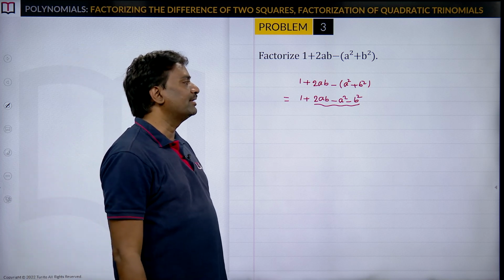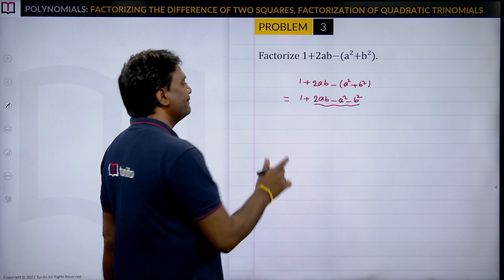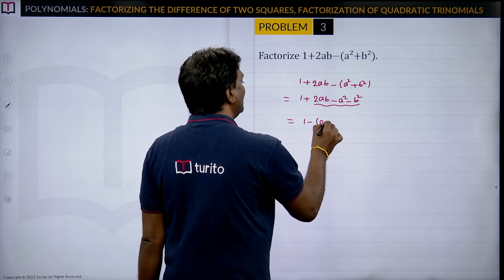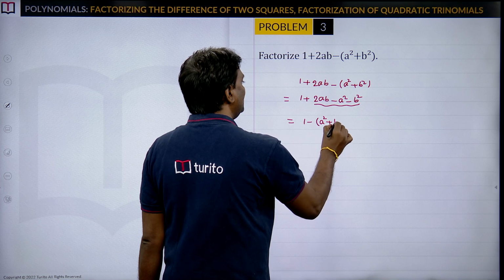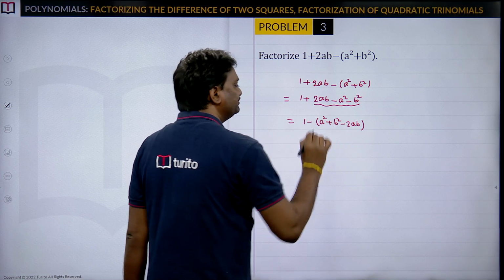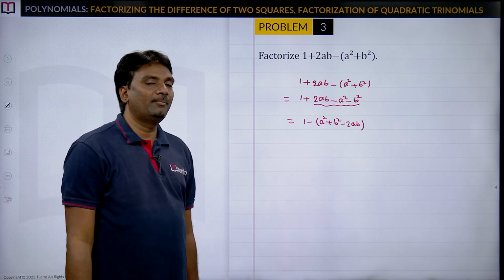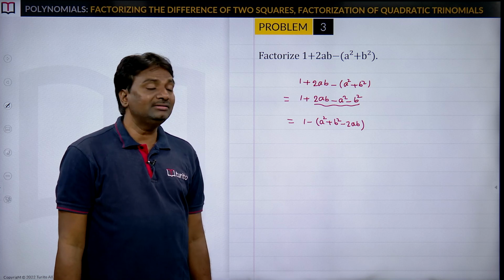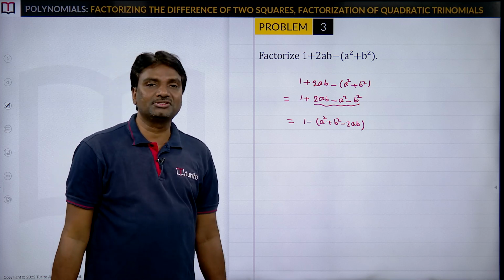So, by taking minus as common, you will get a square plus b square, here we can write minus 2ab. So, clearly that is in the form of a minus b whole square expansion. A minus b whole square means a square plus b square minus 2ab.